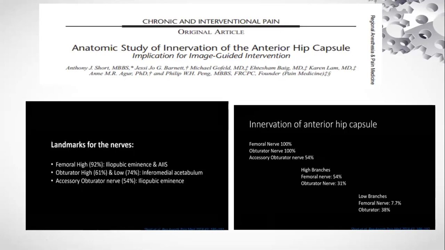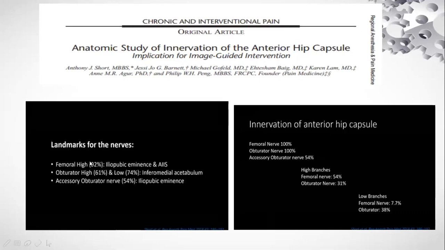So from this study, the main highlights that I have tried to show here is that they have marked the landmarks for the major nerves which are supplying the anterior hip capsule. That is fundamental in recognition and blocking of the nerves through ultrasound.